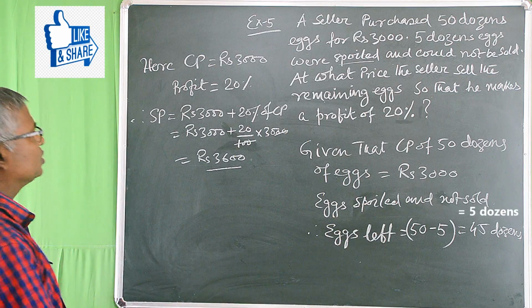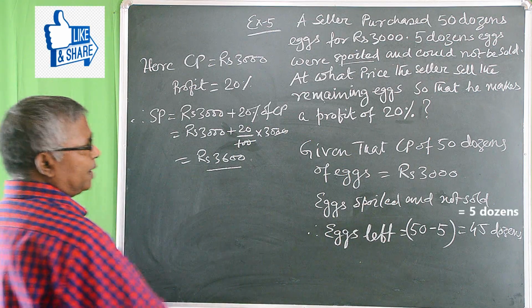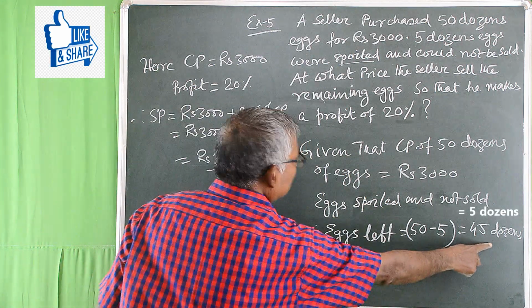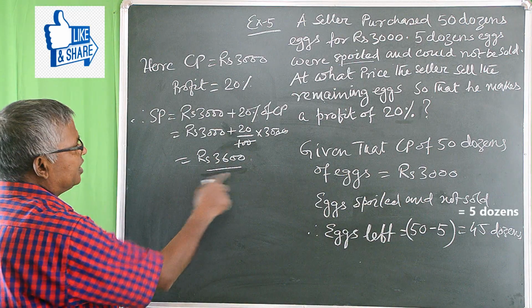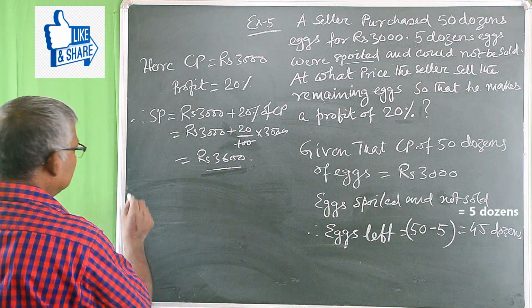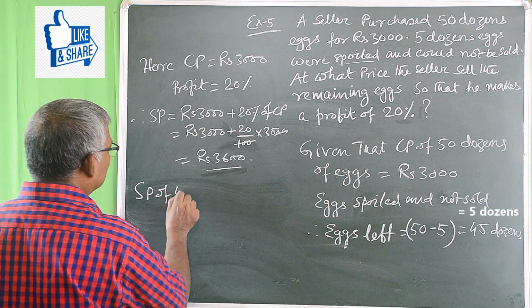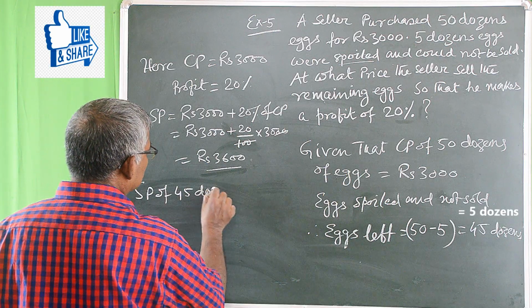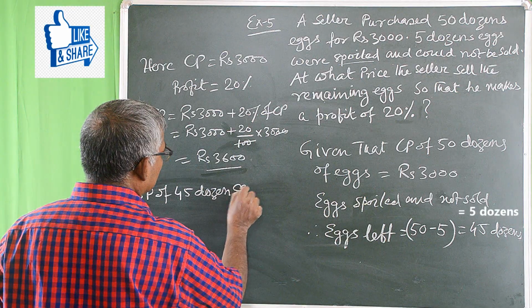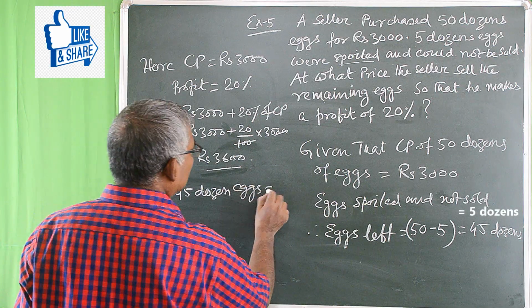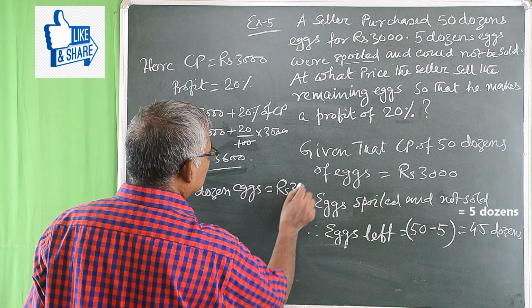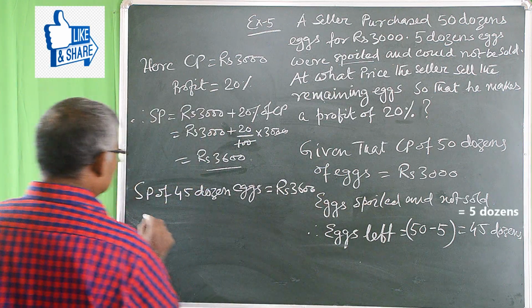Therefore, selling price of 45 dozen eggs equal to rupees 3600.